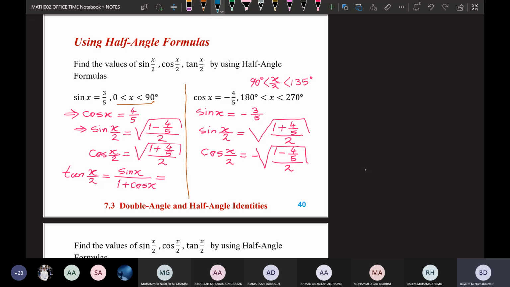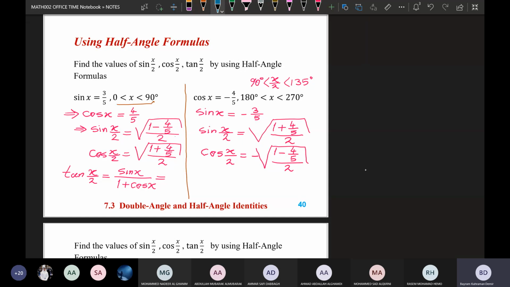So once you know the cosine, then sine of x over 2 is the positive root of 1 minus cosine x, that is 1 minus 4 over 5, divided by 2. That gives you sine of x over 2. And cosine of x over 2 is the root of 1 plus cosine x divided by 2.